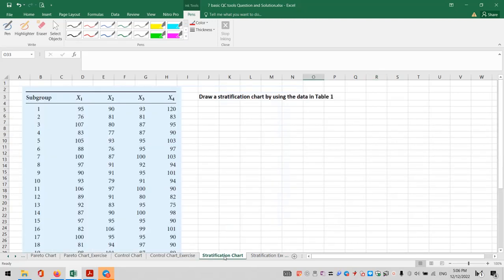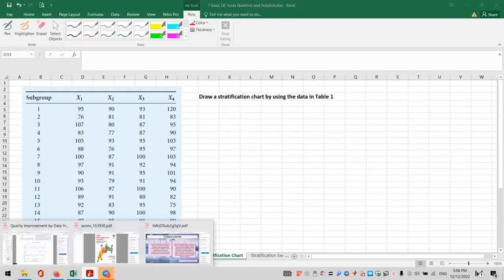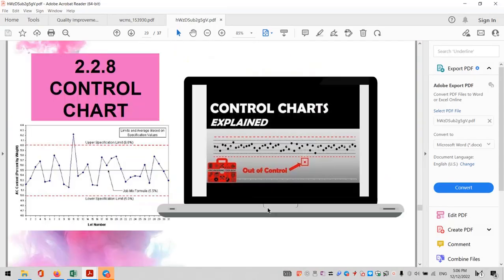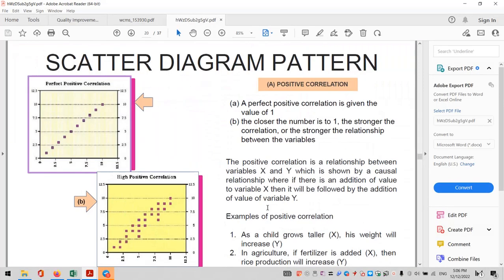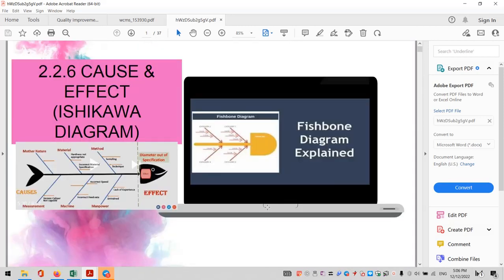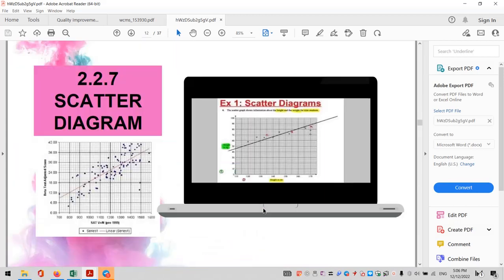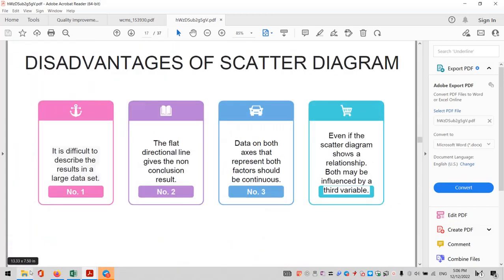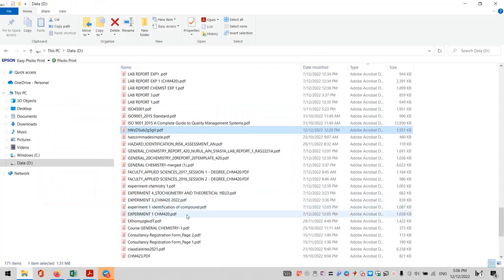And the stratification chart. Kalau stratification ni, yang ni mudah je untuk stratification. Kalau stratification ni dia adalah kejap ya.